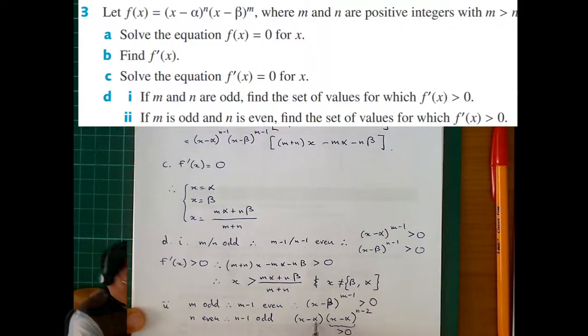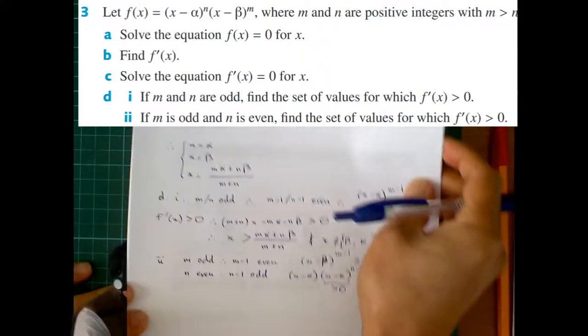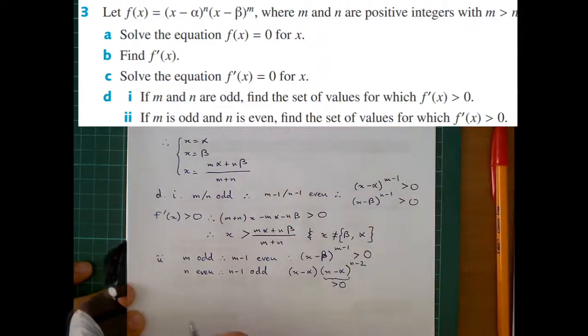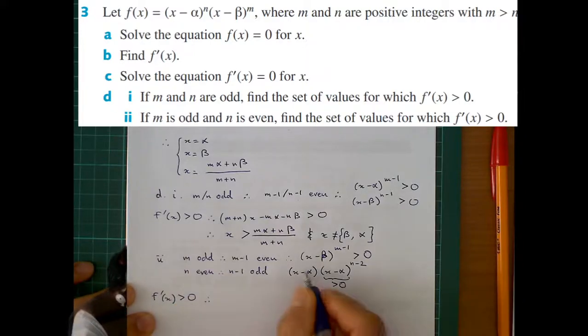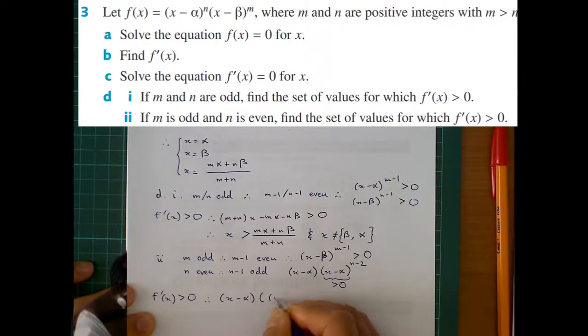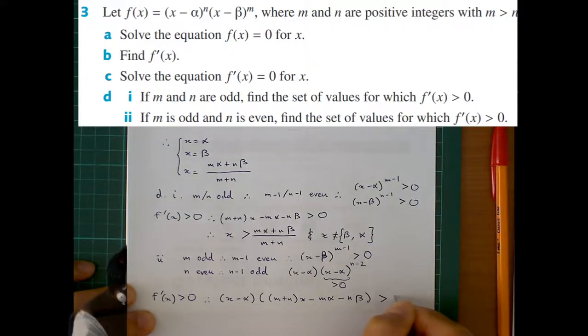What's left is a factor x minus alpha and the remaining factor. So for f prime to be positive, what we need is one factor x minus alpha times m plus n bracket x minus m alpha minus n beta greater than 0.